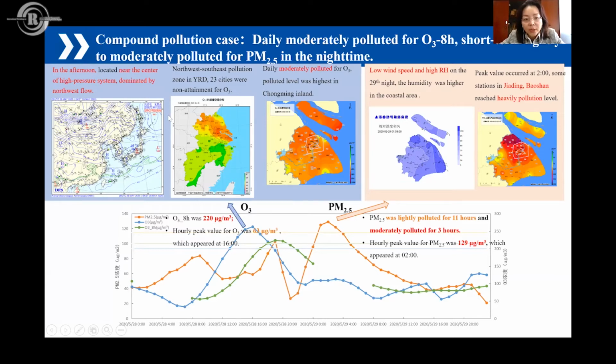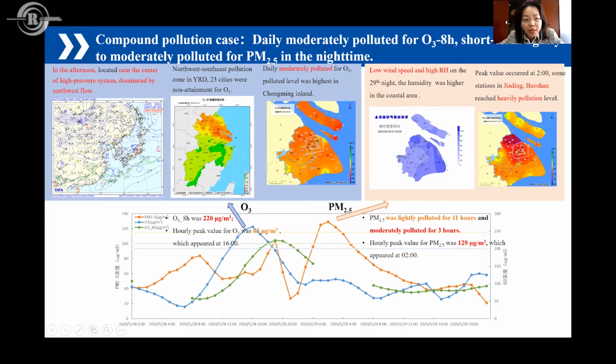With low wind speed and high relative humidity at night, not only in Shanghai but also in the northern area of the Yangtze River Delta, we get regional ozone pollution. And this is the weather condition.